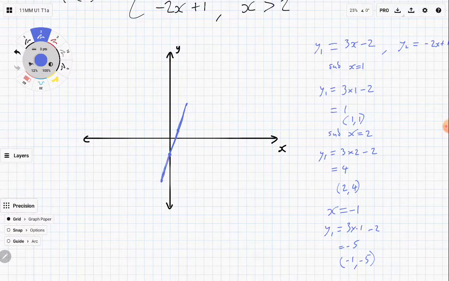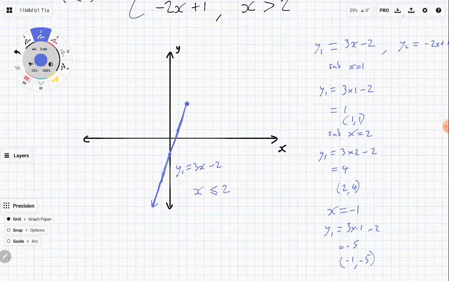Now this is going to go down like this forever, and so I'm just going to put a little arrow on it. That is y1 is equal to 3x minus 2. With the domain restriction on it, x has to be less than or equal to 2. And because it's equal to, I'm going to put a solid point on the end there.